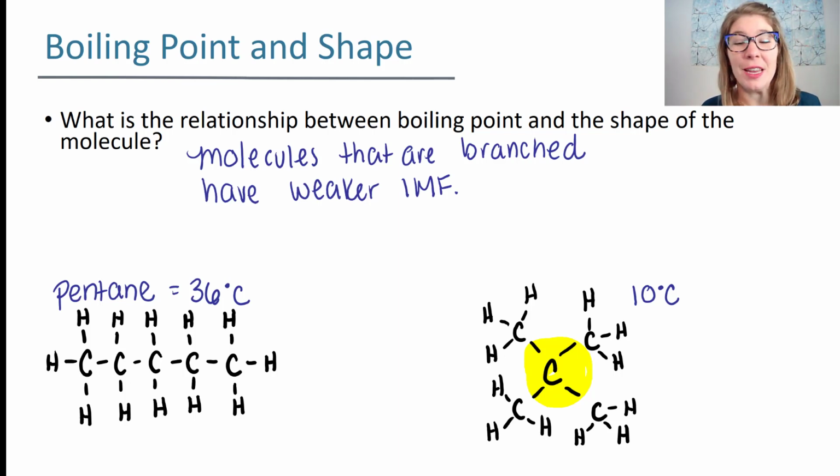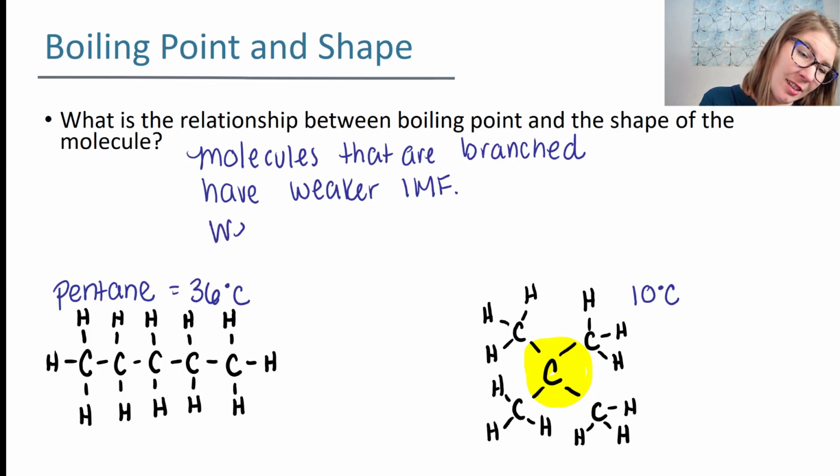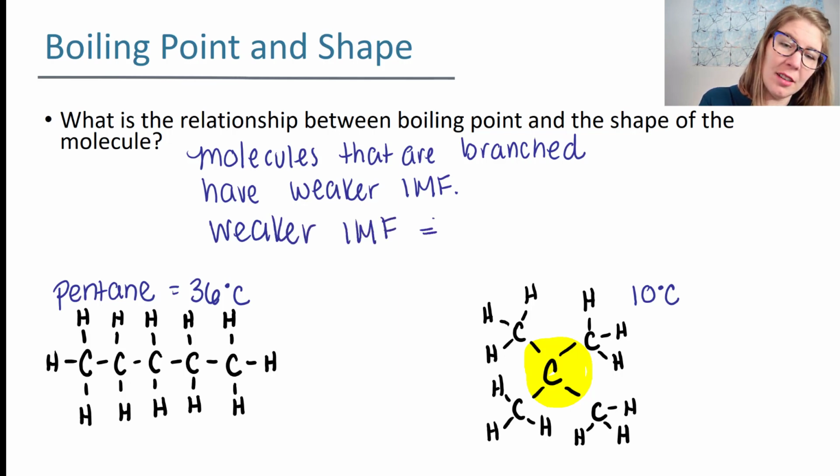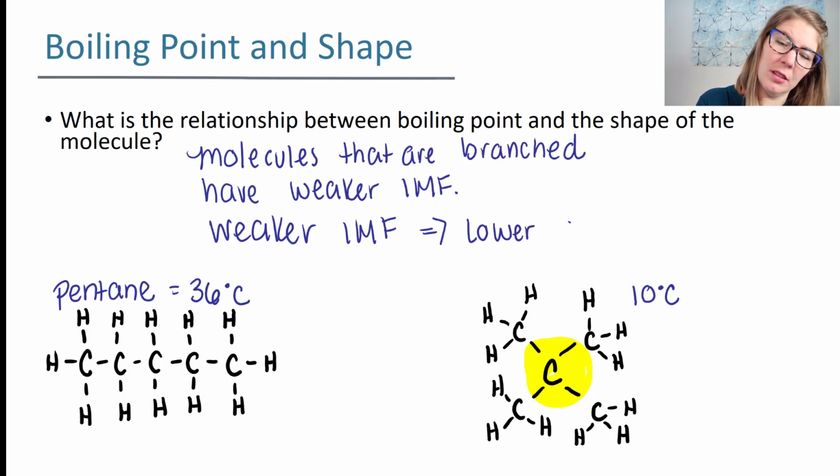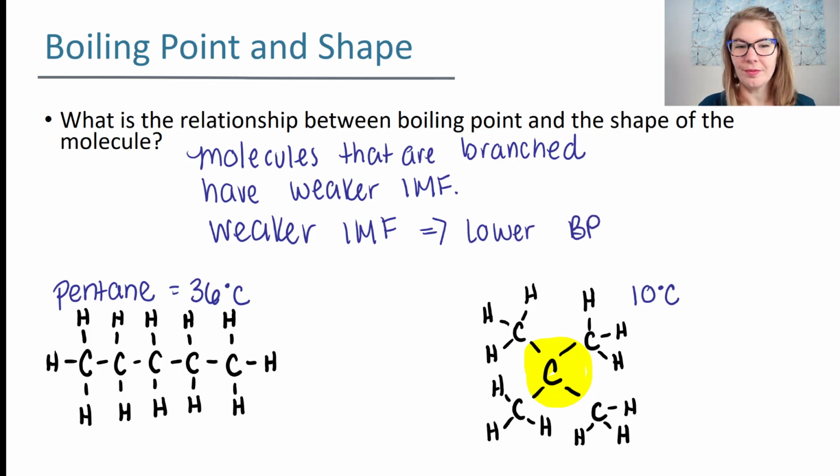And because they have weaker intermolecular forces, that means that it's easier to break those attractions, which relates to a smaller numerical value for boiling point. I'm going to go with lower. Great, we've gone through boiling point.